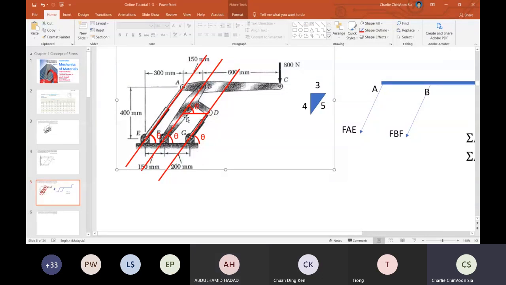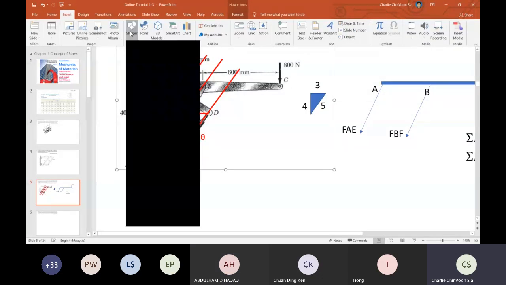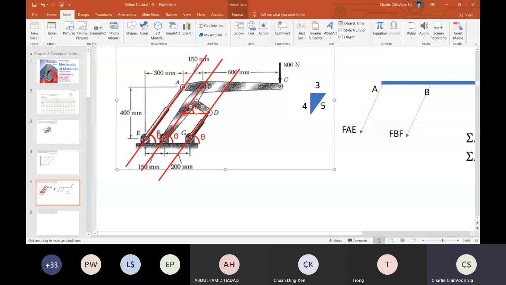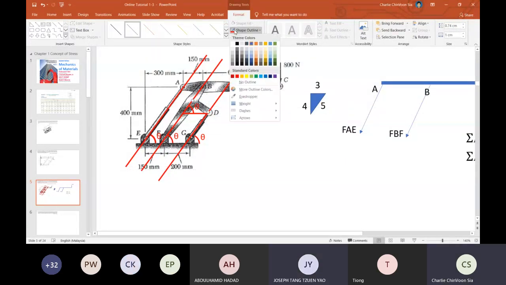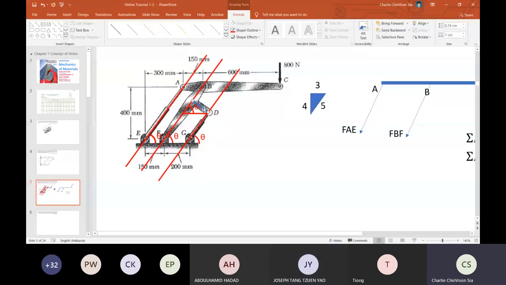So if we know that this is 200 and we have this angle, I will think a bit. Are we able to determine the length of the blue line that I draw?